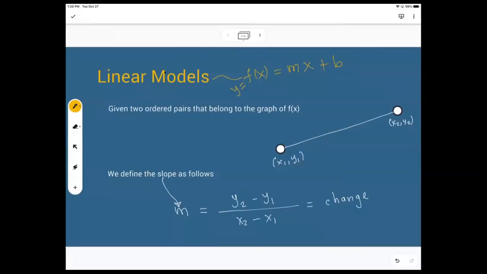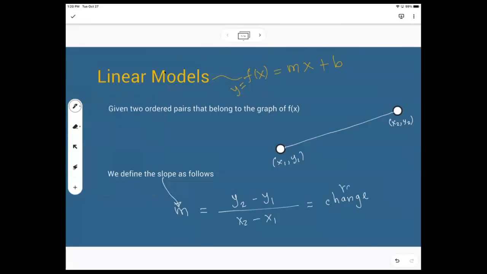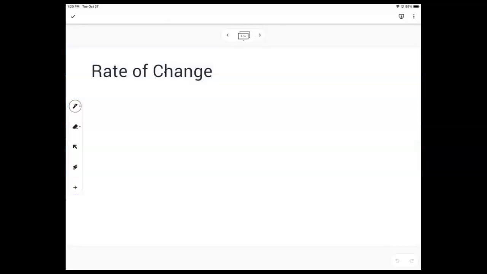So this ratio is measuring overall change in both variables, and this is actually called the rate of change. That's a very important quantification of what the slope is measuring. So let's say a little more about that. What is this rate of change?